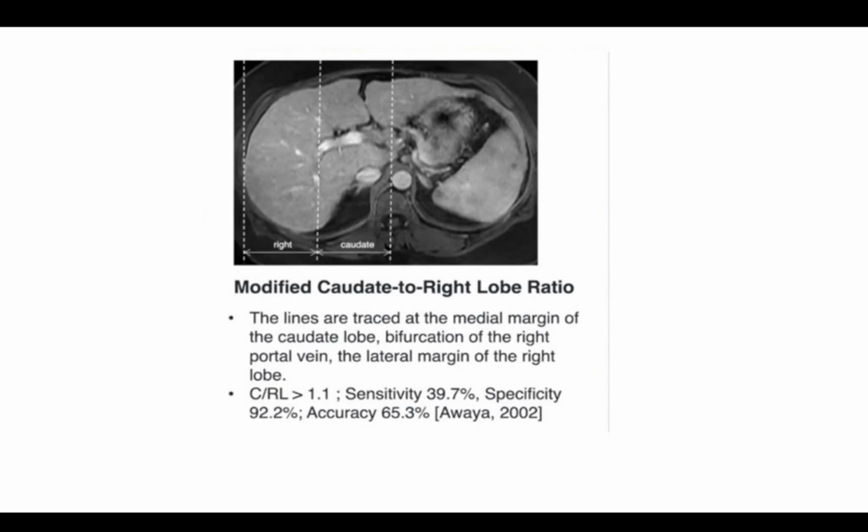One line should be at the medial border of the caudate lobe, the other at the bifurcation of the portal vein to the right portal branch, and the third at the lateral border of the liver. And we measure this distance. If the ratio becomes more than 0.7 to 1, it's 99% specific for liver cirrhosis.